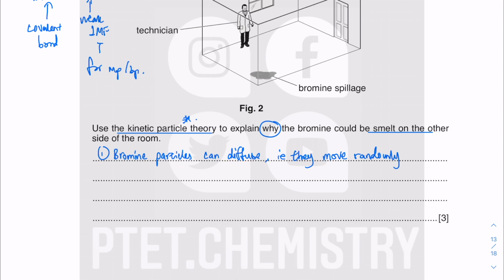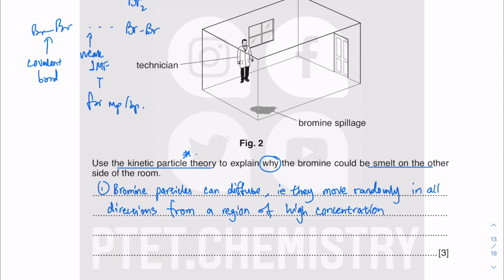So the bromine particles move randomly in all directions from a region of high concentration, which is where the technician spilled it, where the spillage happened, and then the technician can smell it because it goes from this region of high concentration of bromine to a region of lower concentration, i.e. where the technician stands.